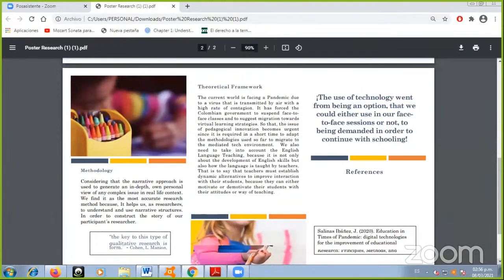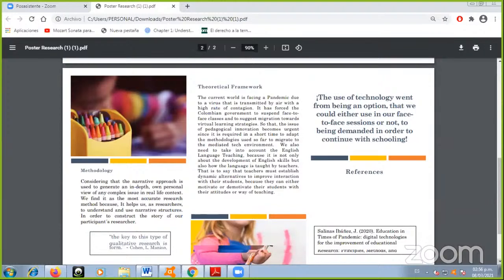Of course, it has been presenting a challenge for institutions as well as for teachers, since a change in teaching and learning methodologies is necessary.